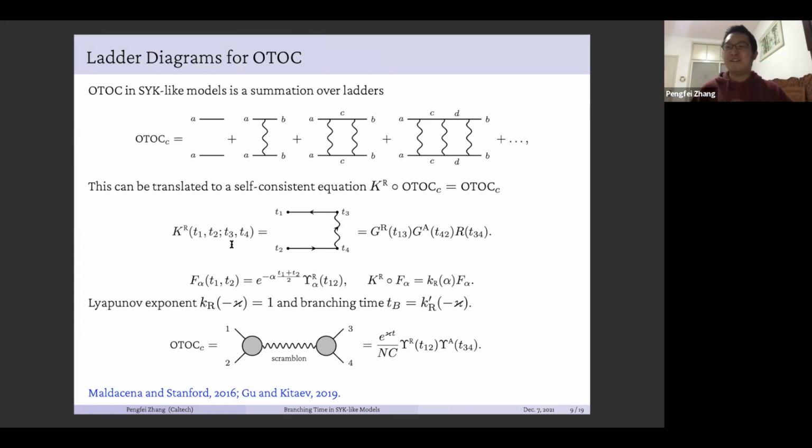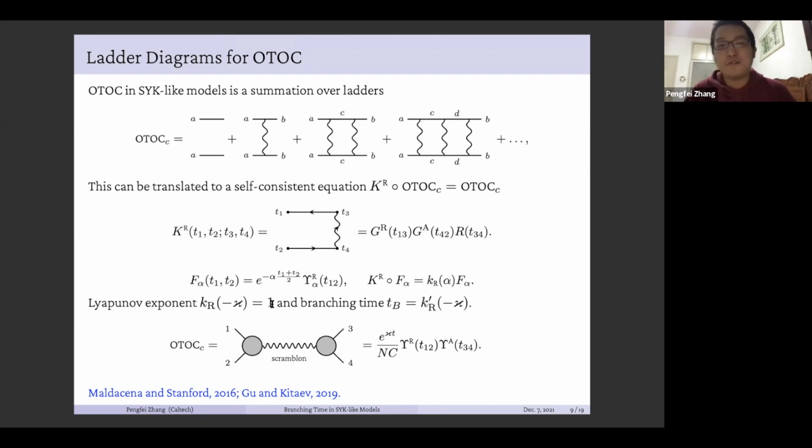In this case, scrambling means the center-of-mass frequency is some imaginary frequency, so this alpha is an imaginary center-of-mass frequency.